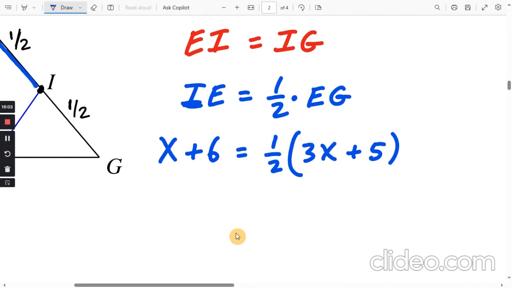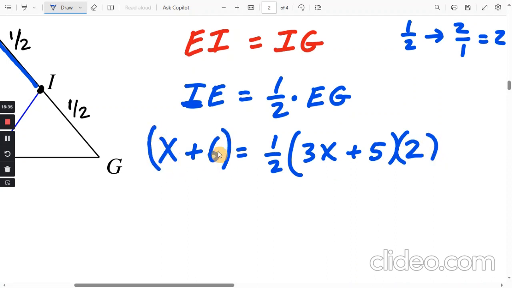We could distribute the 1/2, but I don't like to distribute fractions. I want to get rid of that fraction. So 1/2, the way to get rid of it is to multiply by the reciprocal. And the reciprocal of 1/2, if you flip it, that's going to be 2/1. So I'm going to multiply both sides by 2/1, or just 2. All right, so I'm going to do times 2 right here. And of course, you have to do the same thing to the other side, times 2.